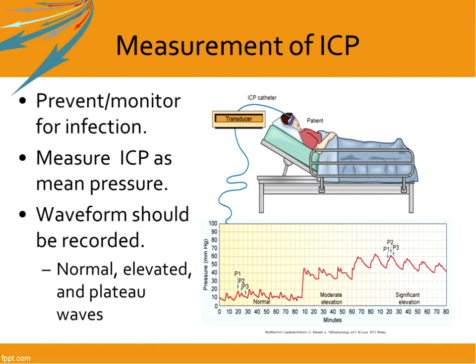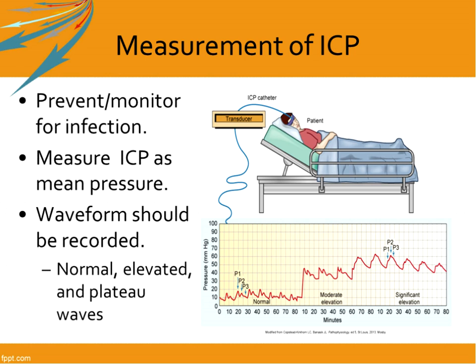Things that contribute to the development of infection related to ICP monitoring are if we've got that monitoring going on for more than 5 days. We can also know that the use of a ventriculostomy increases the risk, and if we've got any kind of a CSF leak or any kind of concurrent systemic infection.